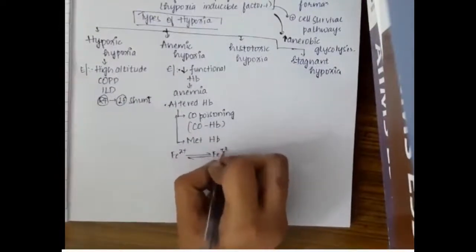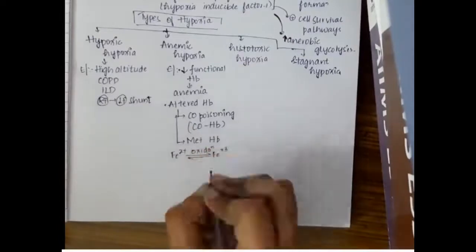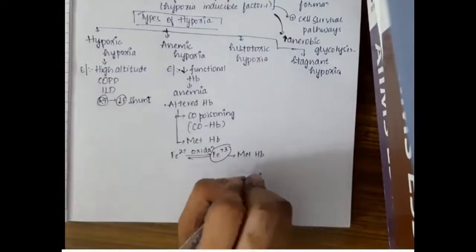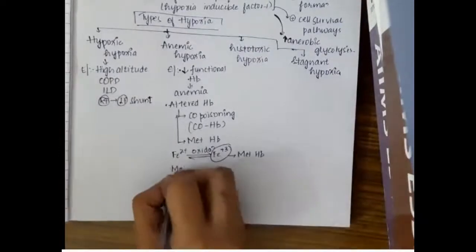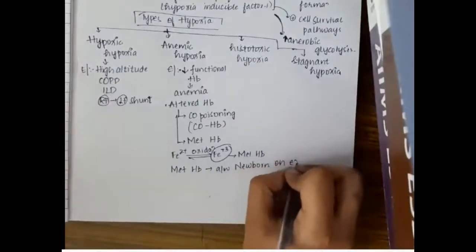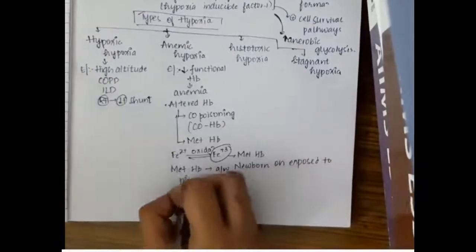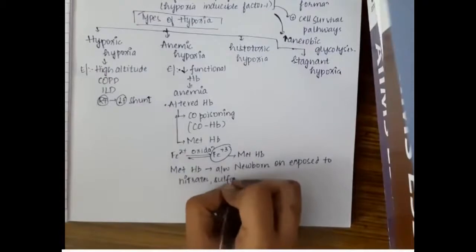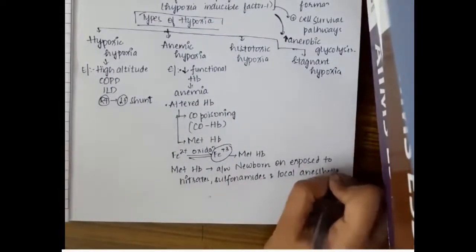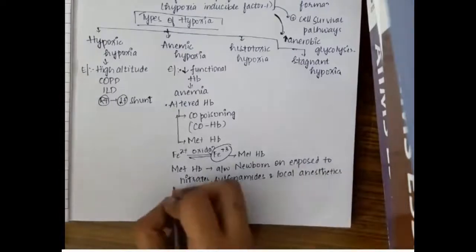In methemoglobin, ferrous gets converted to ferric during oxidation, and this iron combines with hemoglobin to form methemoglobin. This methemoglobin is associated with newborns. It is seen in newborns who are exposed to nitrates, sulfonamides and local anesthetics.